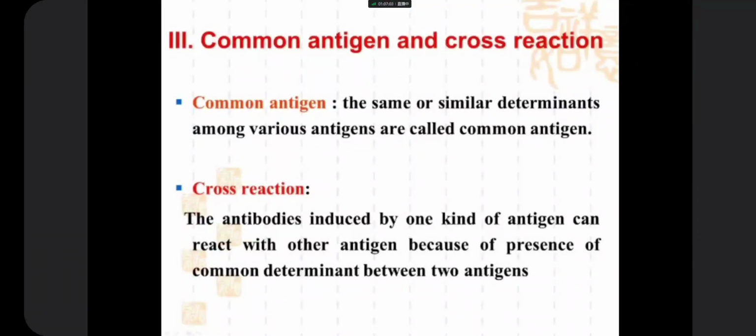In fact, there are only 22 amino acids in nature. So it's very easy to understand. The different proteins maybe have the same or similar amino acid residues. So they have the same or similar determinant, so they are called common antigen.